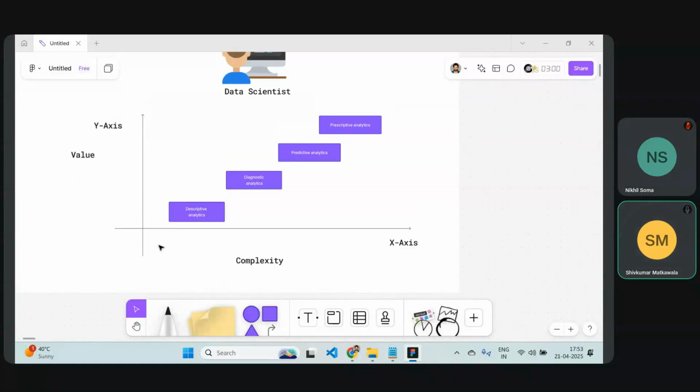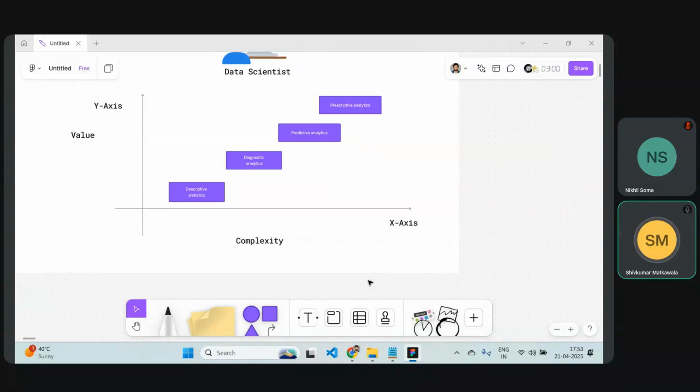According to your questions, we have to come up with different logic, different algorithms, machine learning algorithms and all. We'll be talking about this a bit later. Thank you.